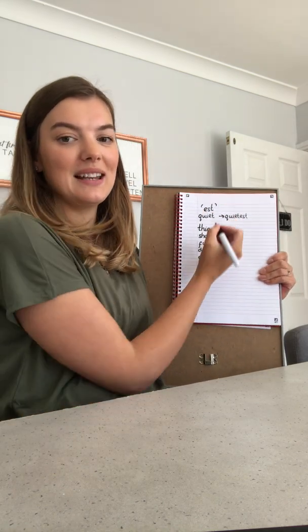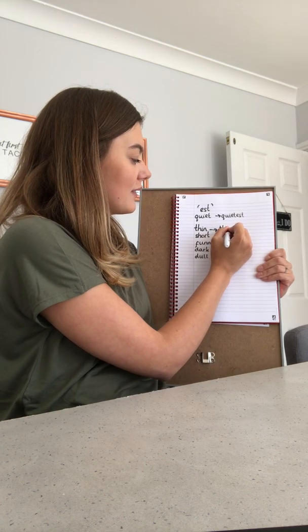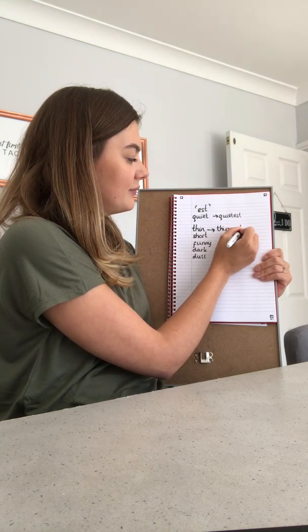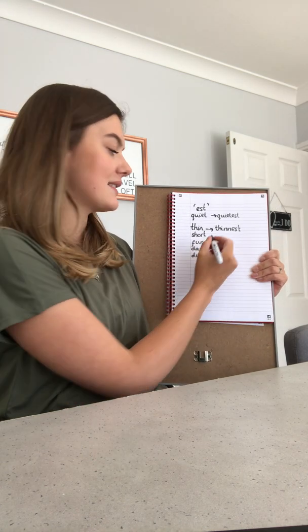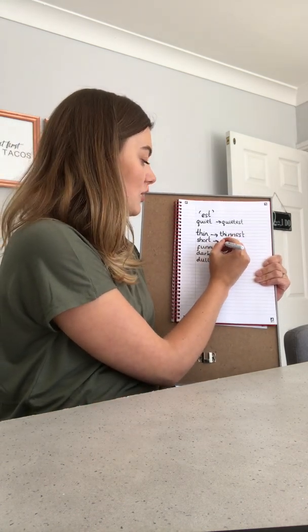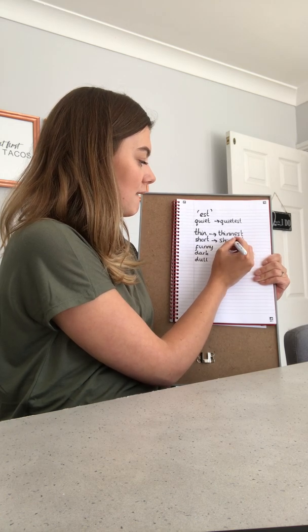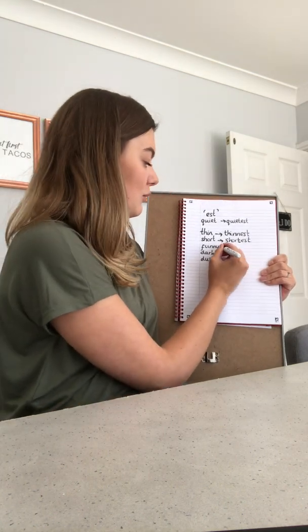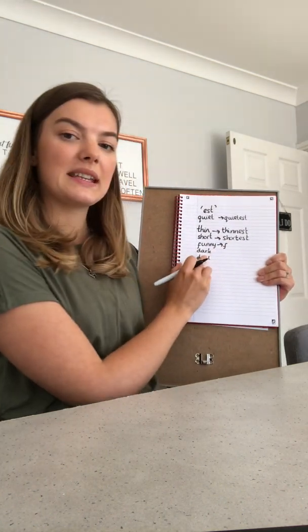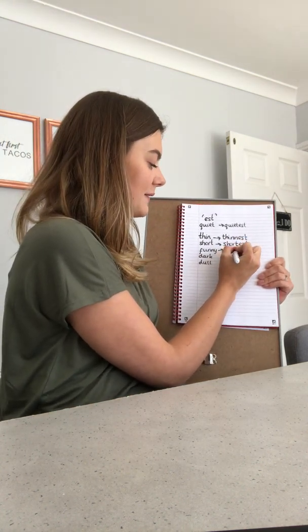Okay, so well done. Let's go through the answers. So thin would become thinnest. What do you notice that I have done there? I have doubled my last letter. Short would become shortest. Funny would become funniest. Can anybody guess what I'm going to have to do with my y before I add my suffix?